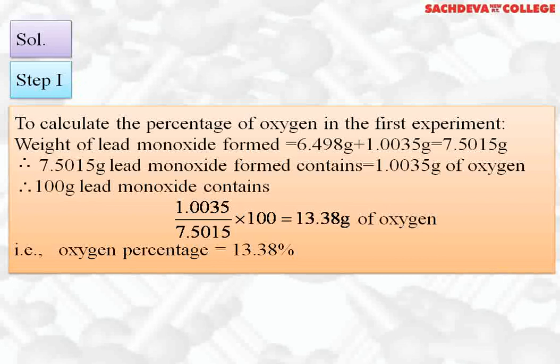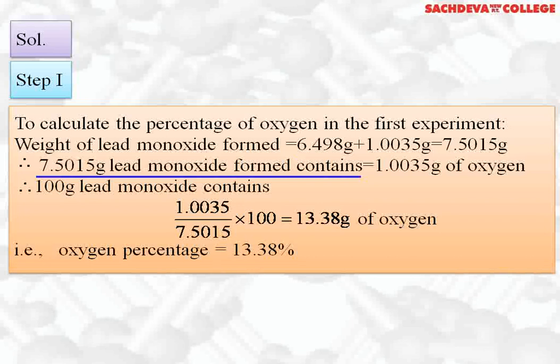First step is to calculate the percentage of oxygen in the first experiment. So the weight of lead monoxide formed will be equal to the weight of lead, that is 6.498 gram, plus the weight of oxygen, 1.0035 gram, which is equal to 7.5015 gram.